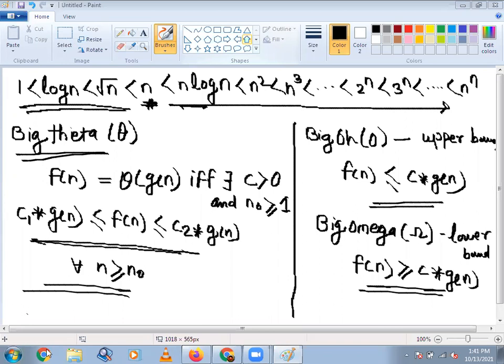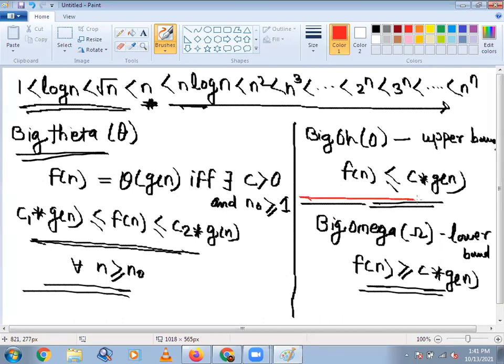Definition समझ ले. See, there are three definitions in front of you. First, big OH, then big omega and theta. See what is the difference between these three definitions.